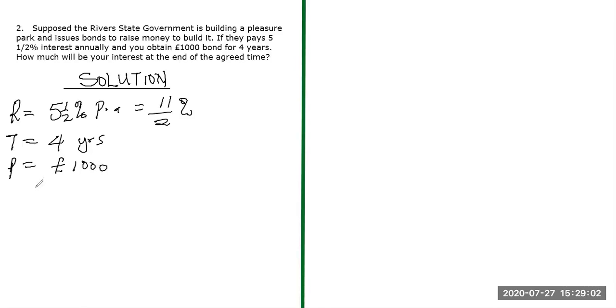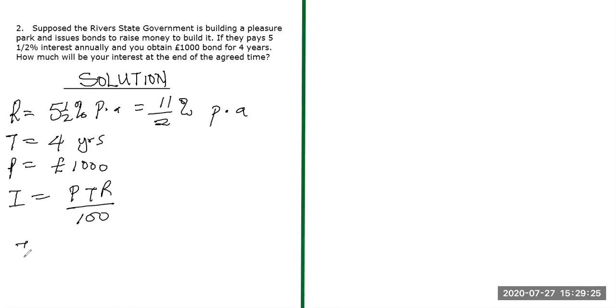So we now say that our interest is PTR over 100, making sure that our time and rate are compatible. Yes, they are compatible, per annum. And because we say annually, that means it takes place every year. So it's not just one time, but rather it's over time.